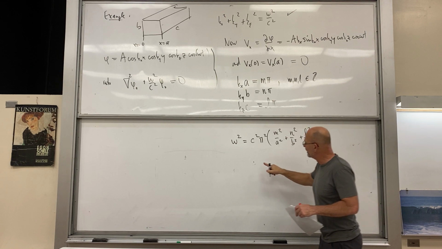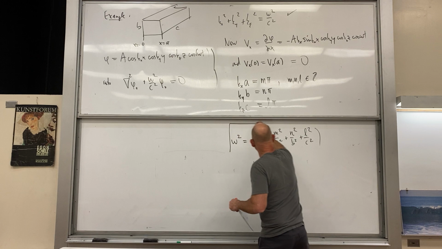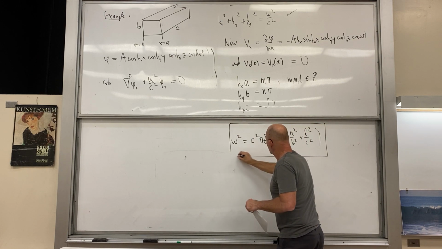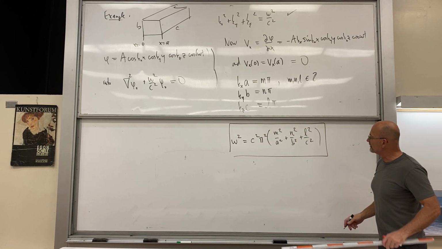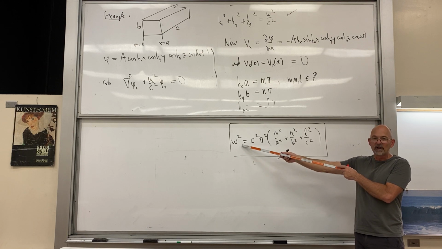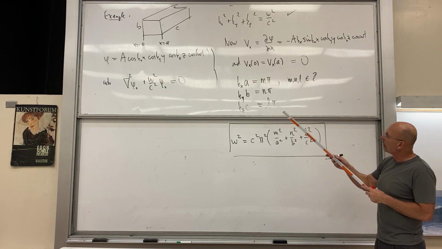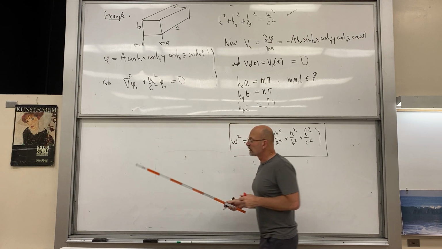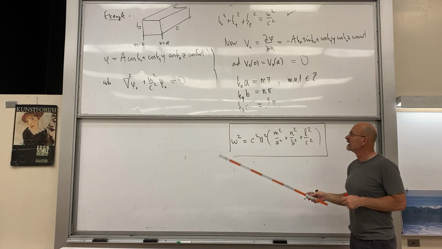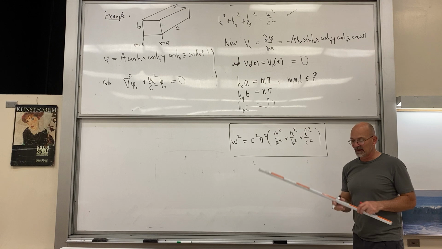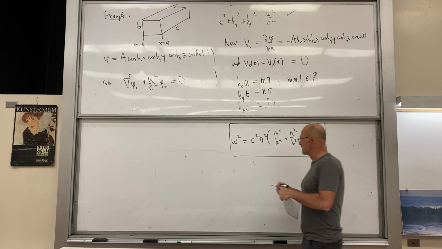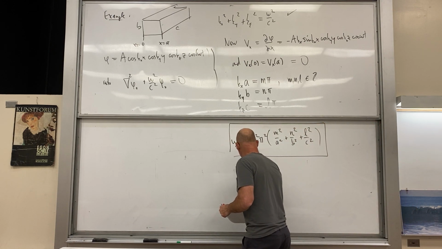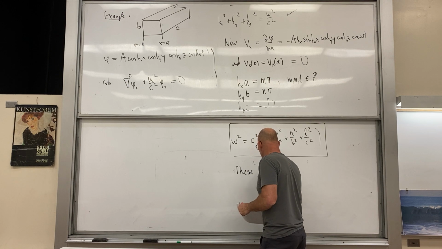So there's our relation that tells us all of the discrete possible frequencies of our waves inside this box here. So those are standing waves inside that box. So these are the discrete frequencies of the standing waves in the box.